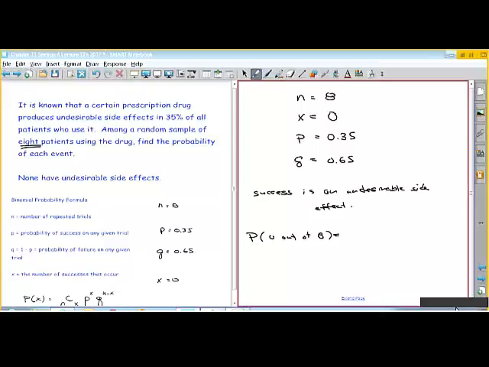I'll let you set up the rest of it and see if you can calculate an answer. It's somewhat easy because one of the subscripts is 0, so we know what that is in terms of combinations. And also one of the exponents is going to be 0.